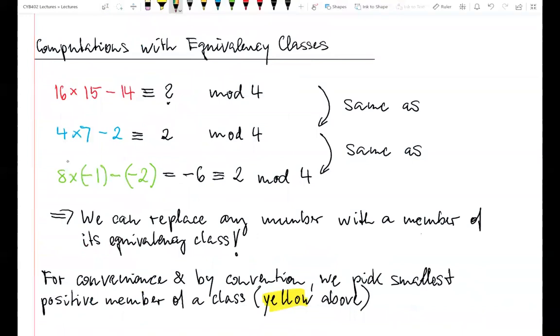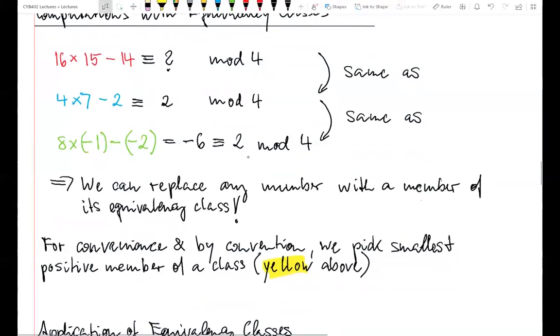So 8 times -1 is -8, plus 2 is -6, which obviously is congruent to 2 modulo 4. So the really cool thing is that we can replace any number with a member of its equivalency class in such operations.